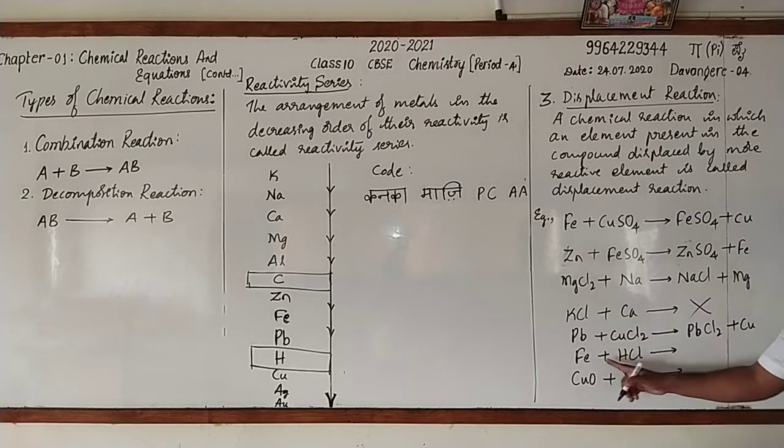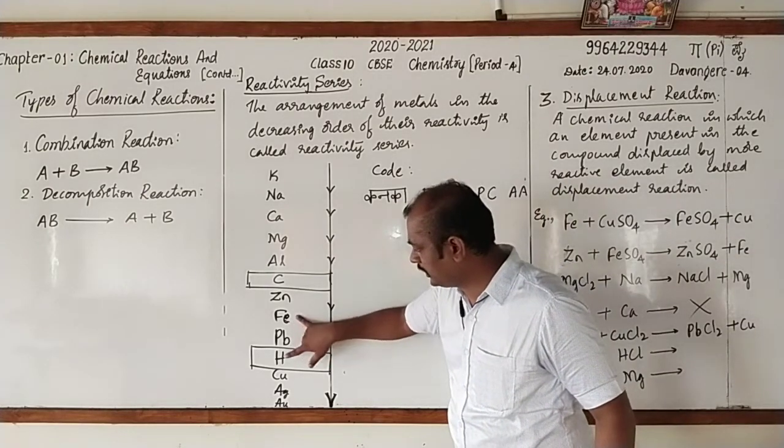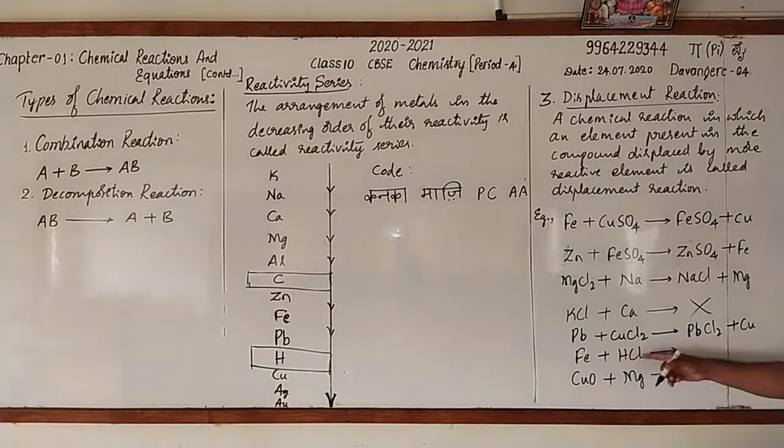Fe plus HCl, iron plus hydrochloric acid. Observe, Fe and H. Iron is more reactive than hydrogen, hence it can displace hydrogen from hydrogen chloride. You will get FeCl2 plus H2.